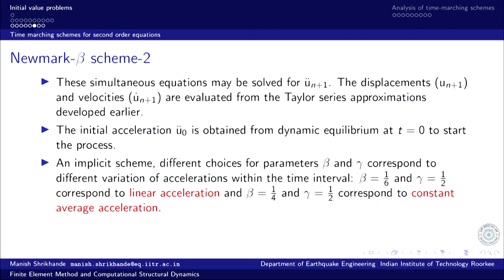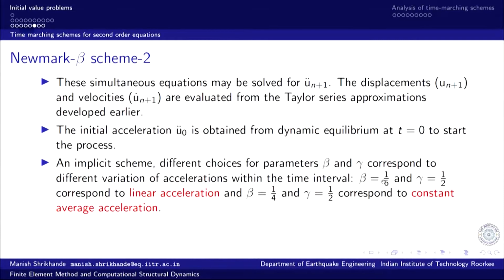So, this is an implicit scheme, with different choices for the parameters beta and gamma that are used for the linear combination approximation of the displacement and velocities, combining the acceleration at the beginning and end of the time step. Different choices lead to different variations of acceleration within the interval.